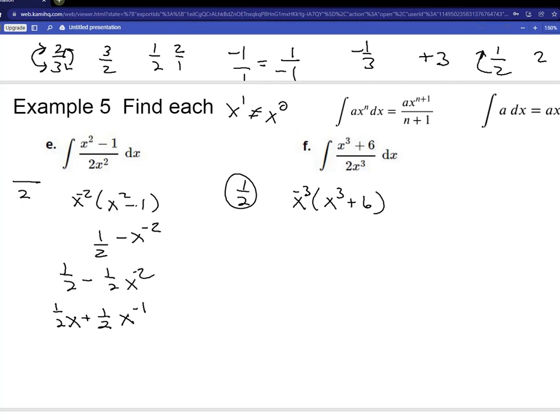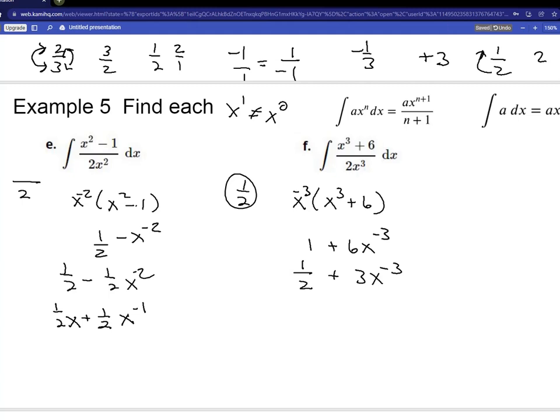You get 1 plus 6x to the power of -3. And then I multiply each one of those terms by 1/2. So that's going to become 1/2 plus 3x to the -3.